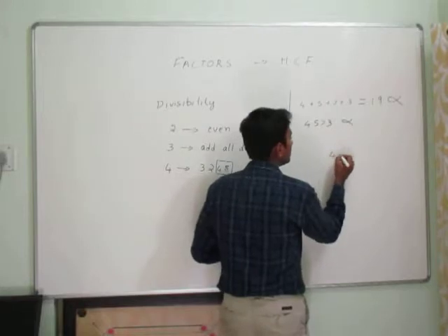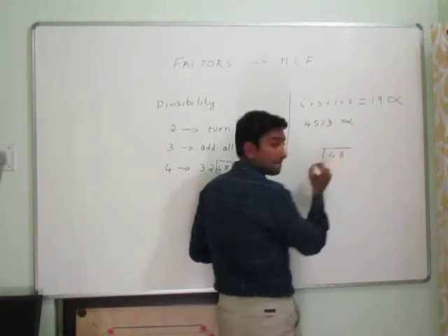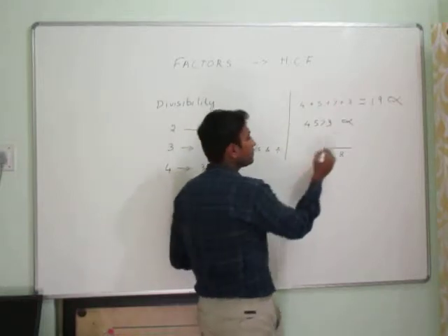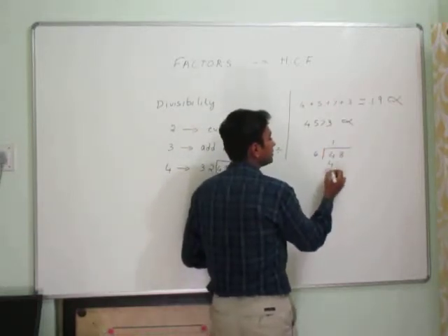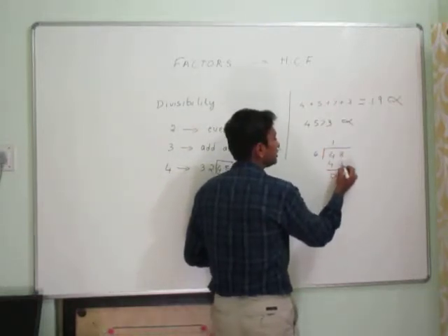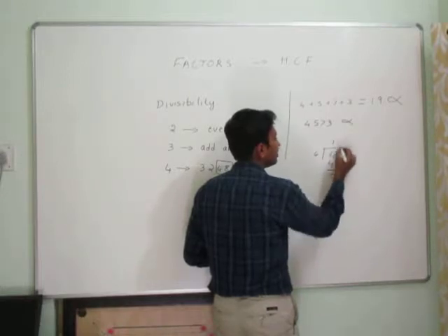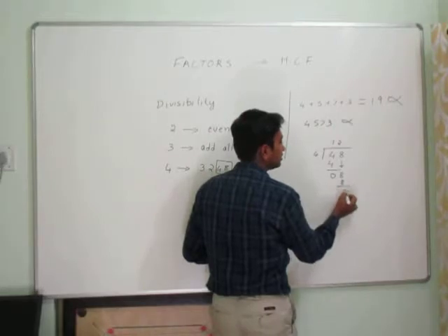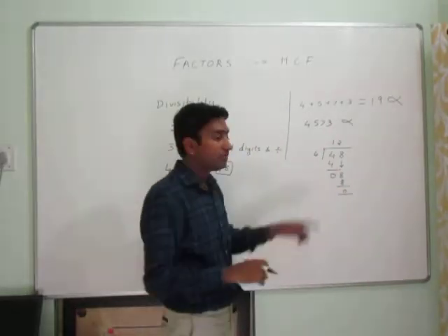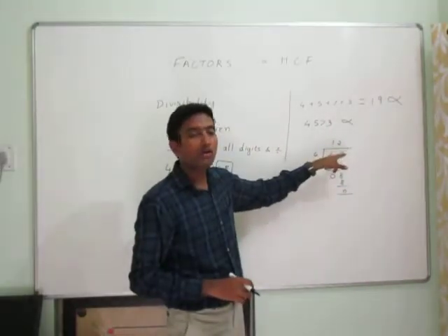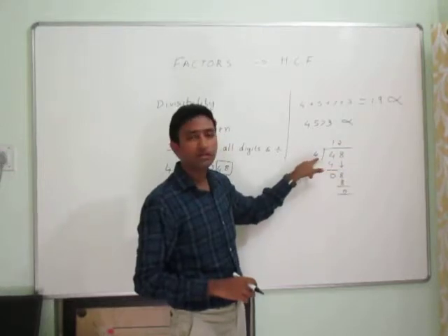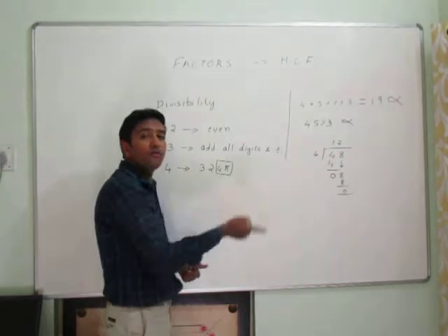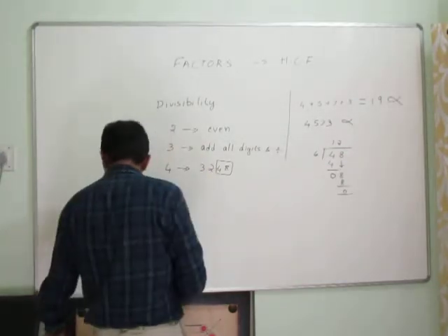In the working column here, I'll divide the last 2 digits by 4. 4 ones are 4, 0. Take this 8 down. 4 twos are 8. 8 minus 8 is 0. So yes, 48 is perfectly divisible by 4. Therefore, this number 3248 will be divisible by 4.